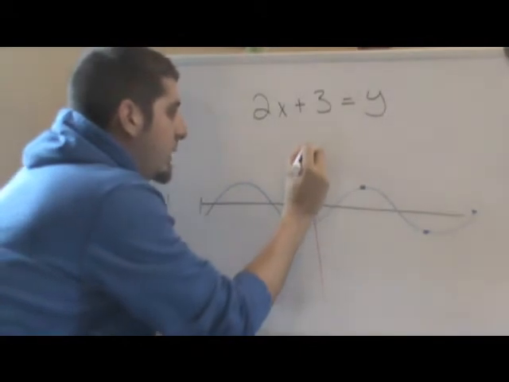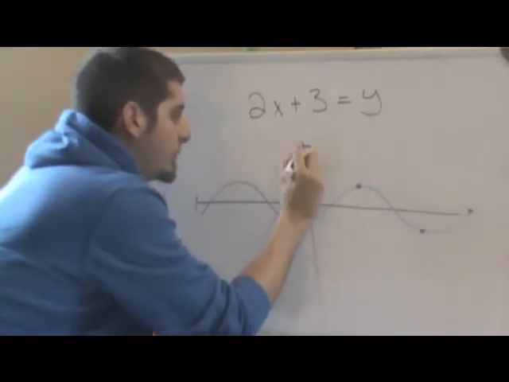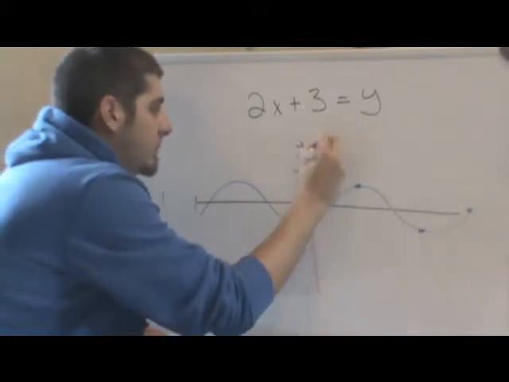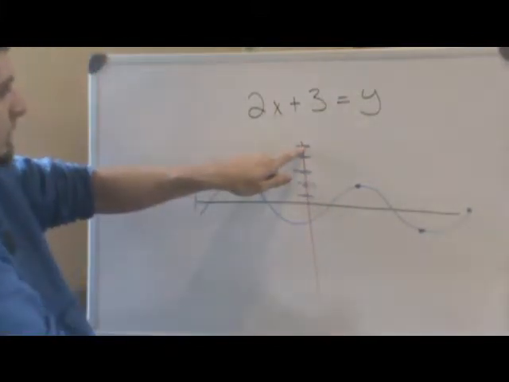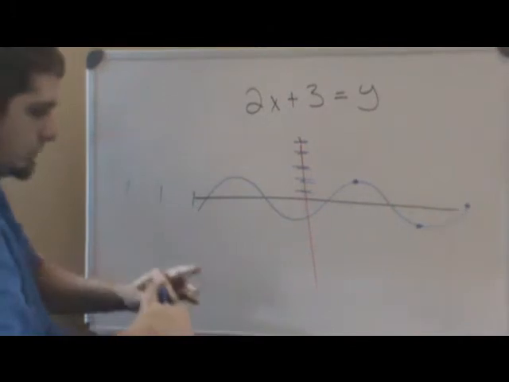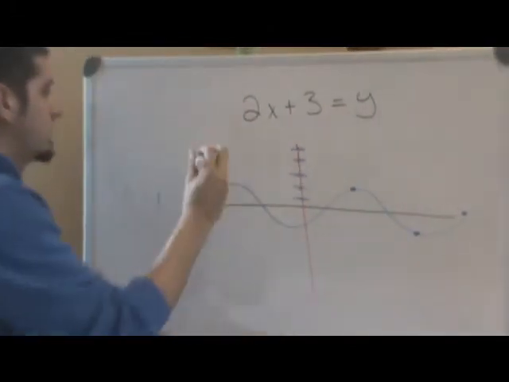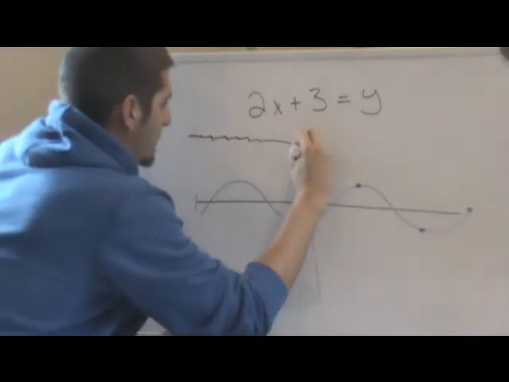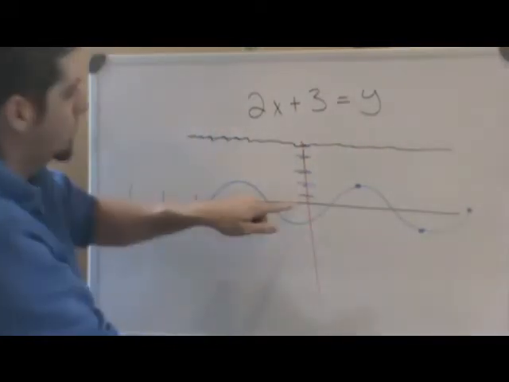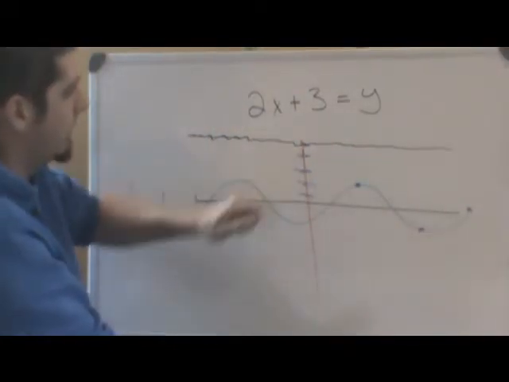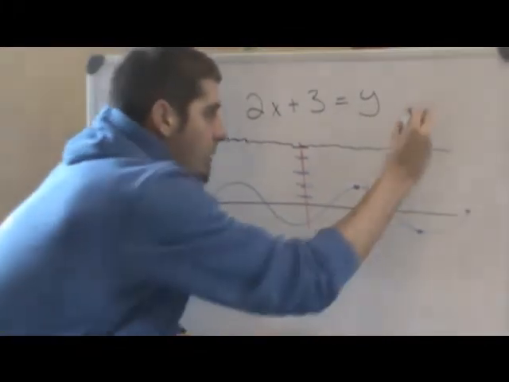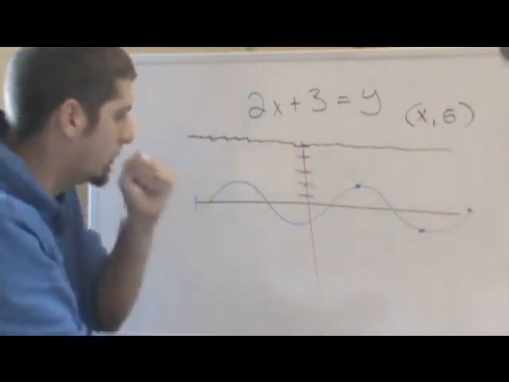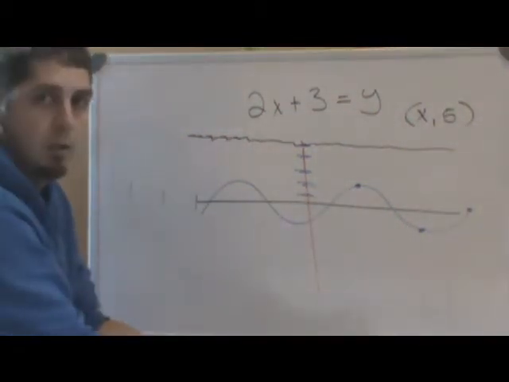However, if I picked a point that had a y-coordinate up here, okay, here is this black line right here, represents y-coordinate 1, 2, 3, 4, 5. So any ordered pair with a y-coordinate of 5 would not appear on my wave.